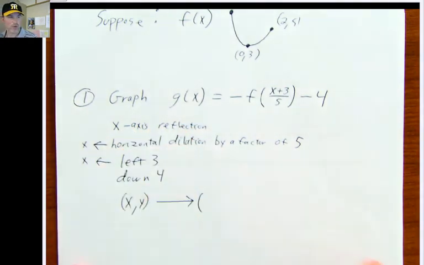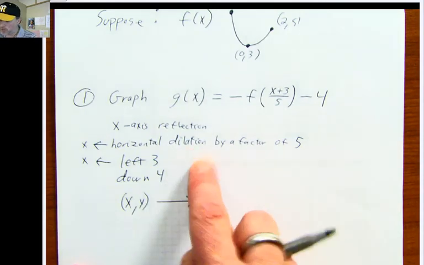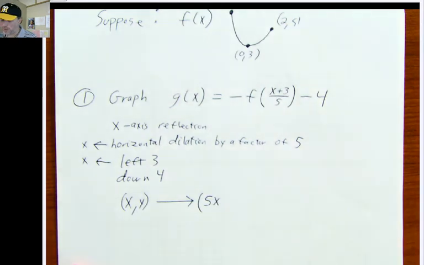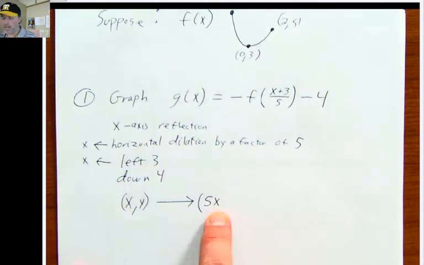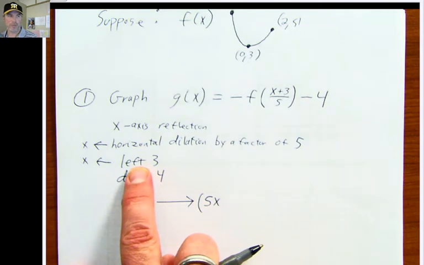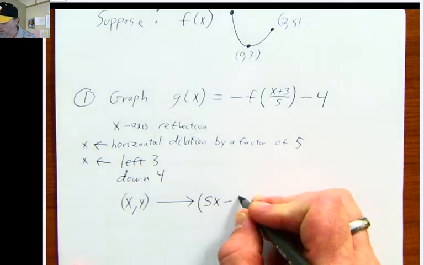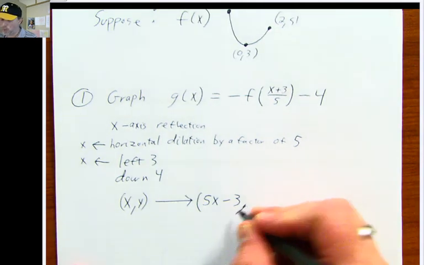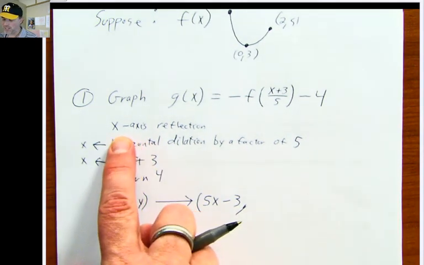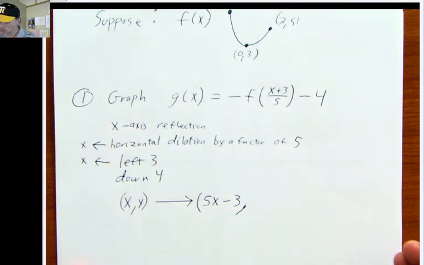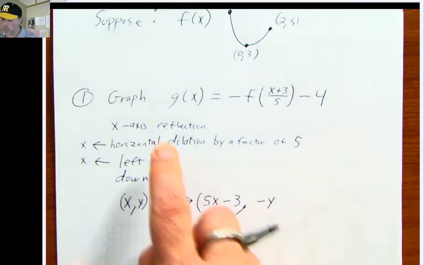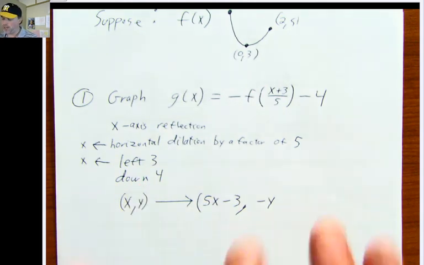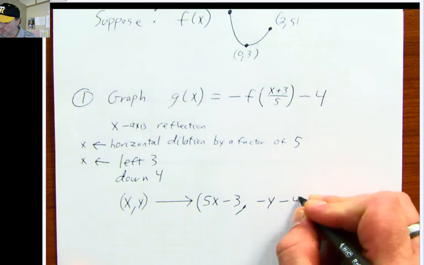Horizontal dilation means that you multiply the x-coordinate by this 5, and then after you've applied the dilation, you would then travel left 3, and if you're traveling 3 coordinates to the left, that means you would subtract 3 from the x-coordinate. For the y-coordinate, there's an x-axis reflection, so that would be a negative y, and then it's going down 4, so after you've done the reflection, it then goes down 4, so you'd subtract 4.